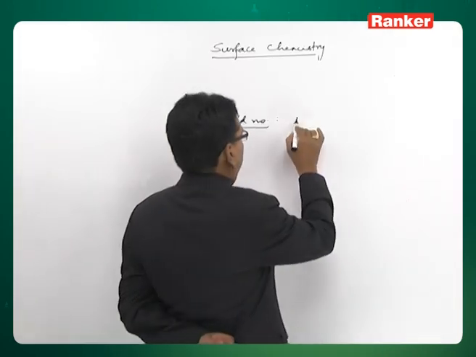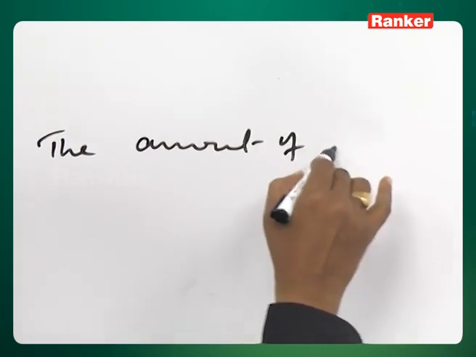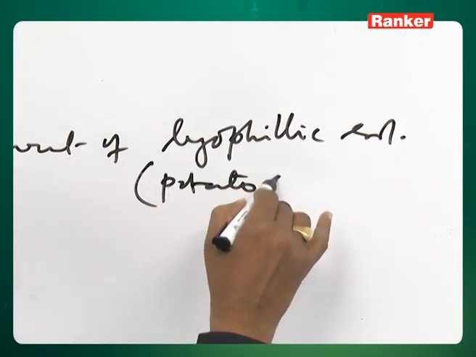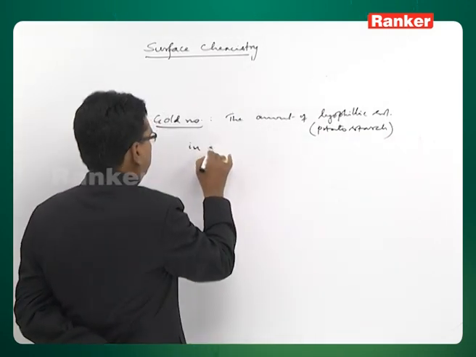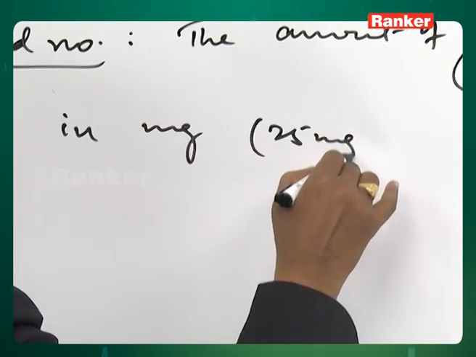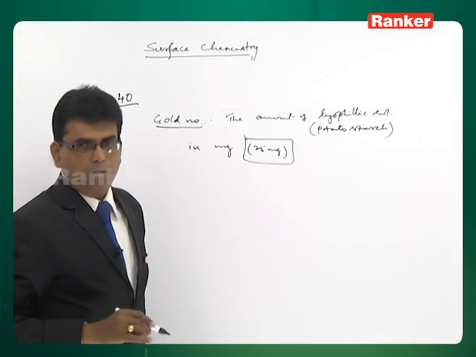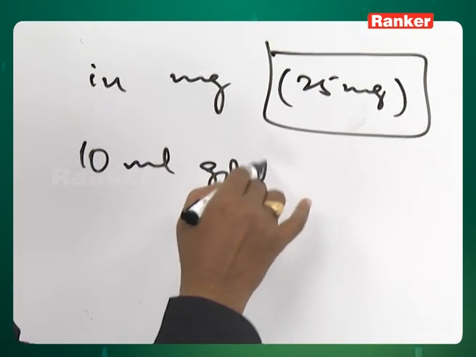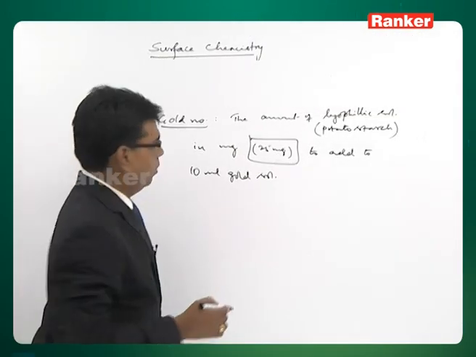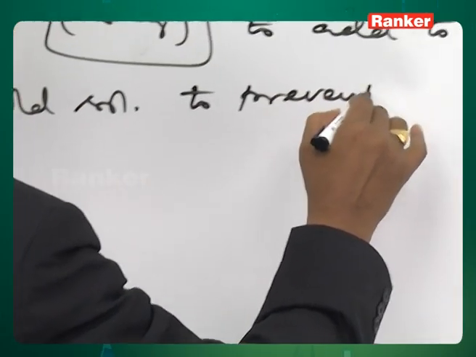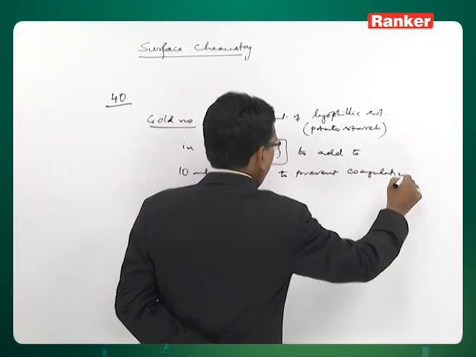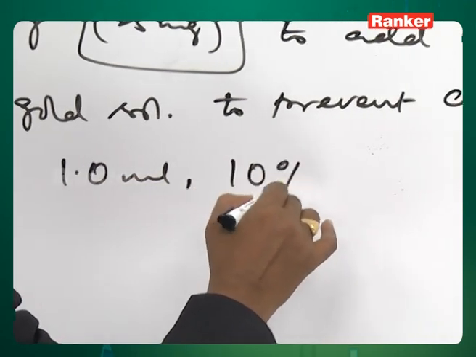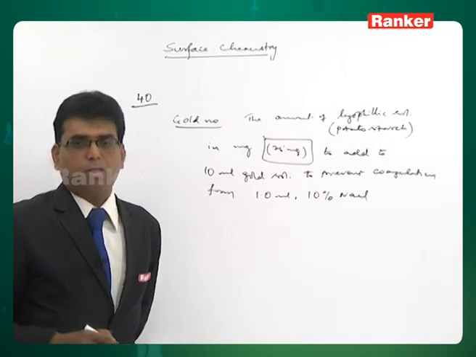The gold number is the amount of lyophilic colloid, in this case potato starch, in milligrams, here given as 25 milligrams, required to be added to 10 ml of gold sol to prevent coagulation from 1 ml of 10% NaCl, and in the given question also it is 1 ml of 10%.